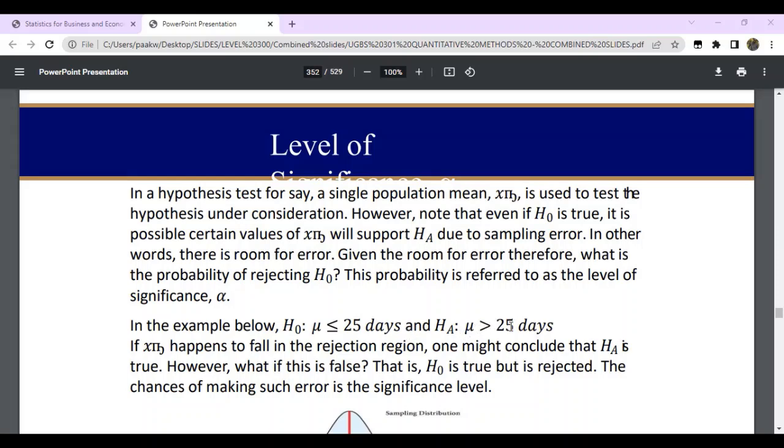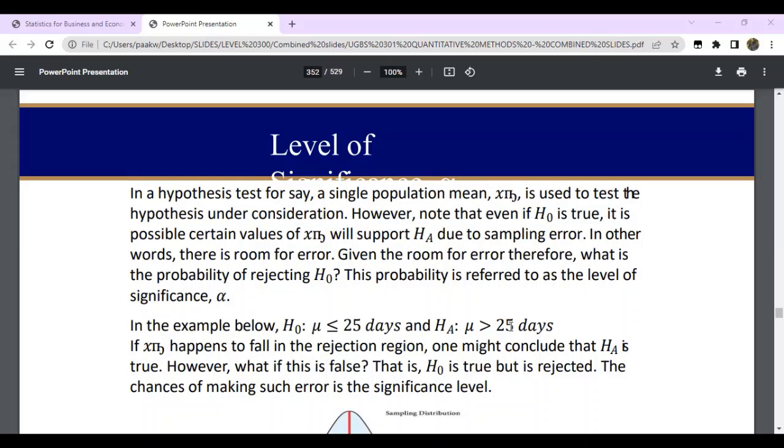As I said, the null hypothesis contains the equality sign: equal to, less than or equal to, greater than or equal to. The alternate hypothesis, H A, never contains the equality sign. So under the alternate hypothesis, we have not equal to, less than, or greater than. These are the three signs involved.